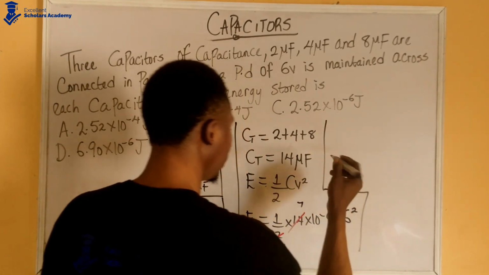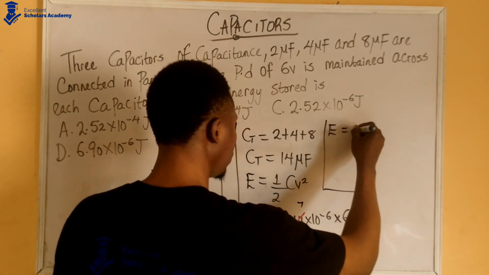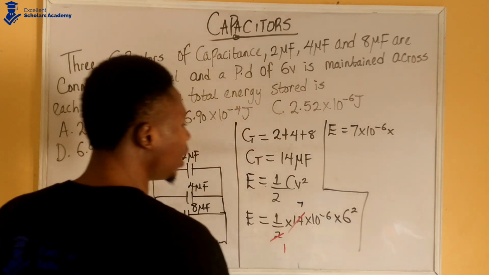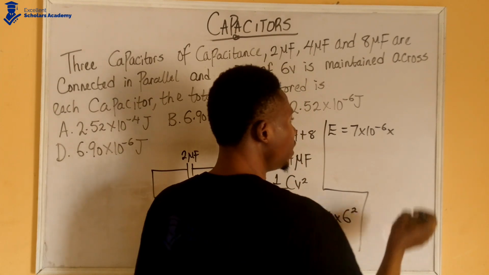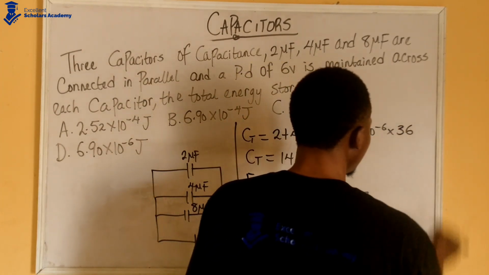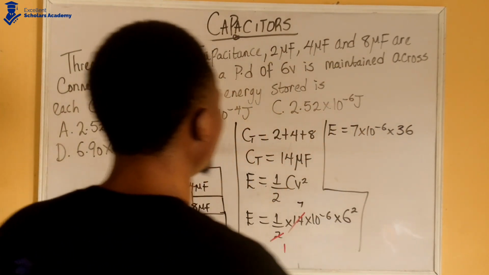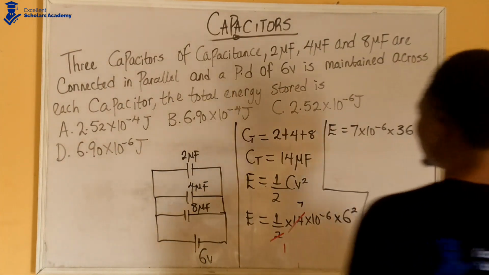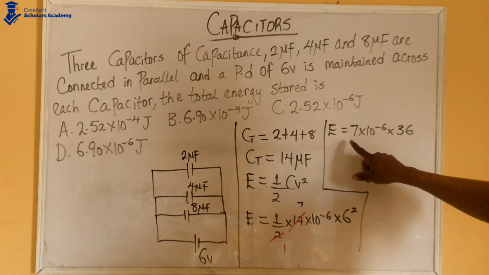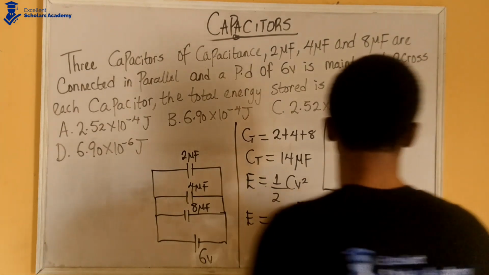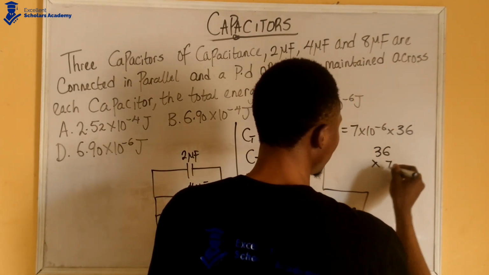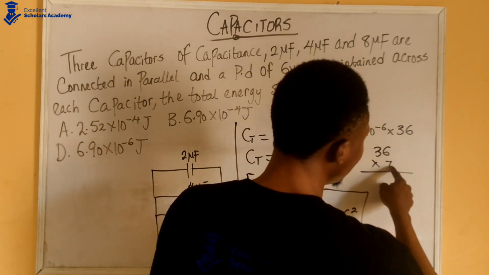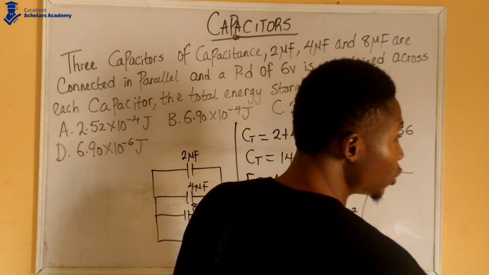Let's continue from here. So we're going to have E is equal to 7 times 10 to the power of minus 6 multiplied by, now 6 squared gives us what? 36. Alright, 6 squared gives us 36. So we are going to multiply 7 times 36. 7 times 6 gives us 42.